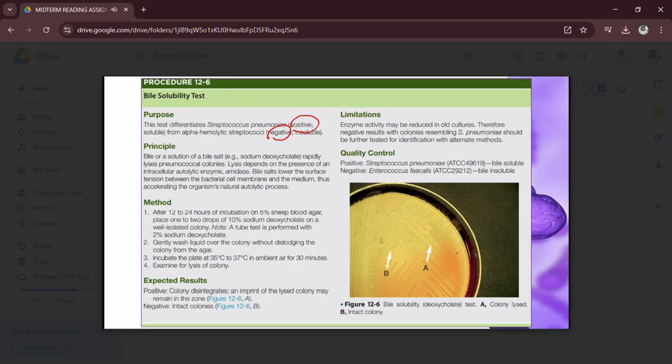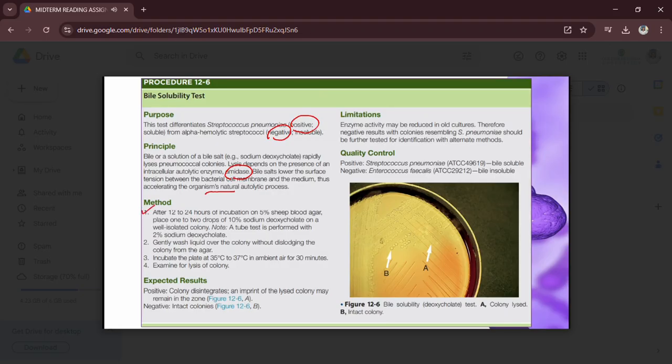The lysis will depend on the presence of an intracellular autolytic enzyme, which is amidase. Bile salts, they will lower the surface tension between the bacterial cell membrane and the medium, thus accelerating the organism's natural autolytic process. So, how are we going to do this procedure?